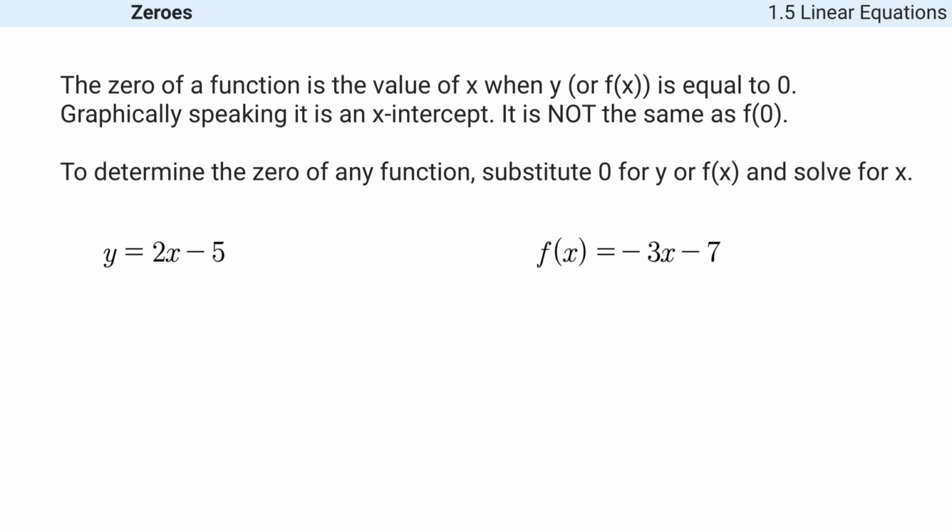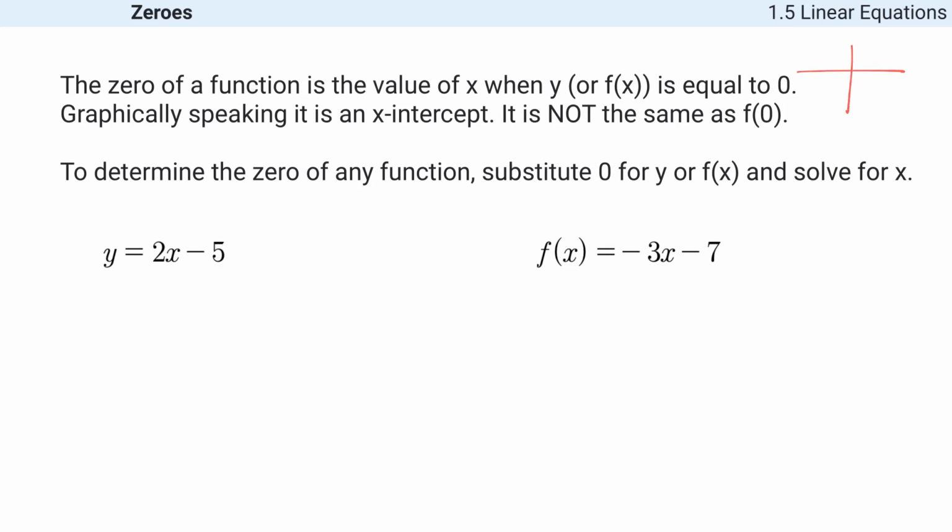The last section I wanted to show in this video has to do with zeros of functions. And zeros of functions are the x value when y is equal to 0. Graphically speaking, you could say that a 0 and an x-intercept are the same thing.